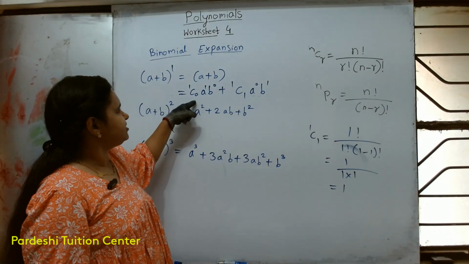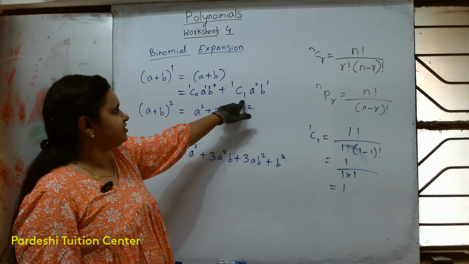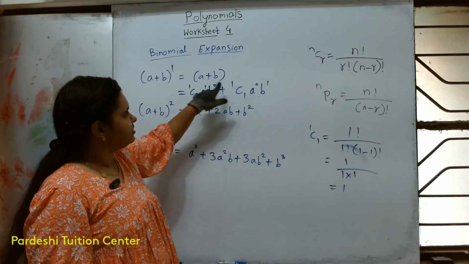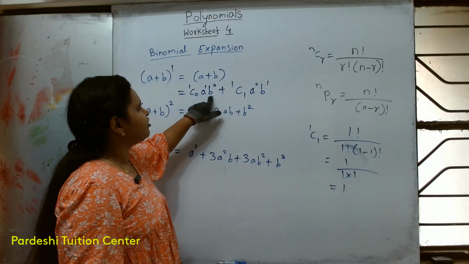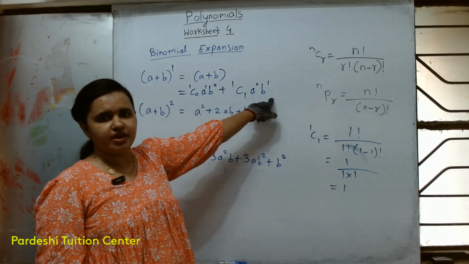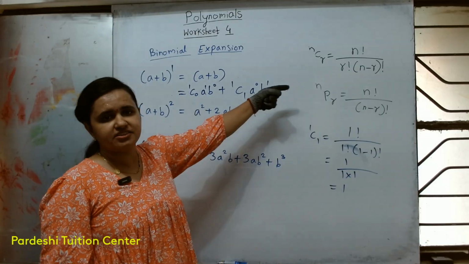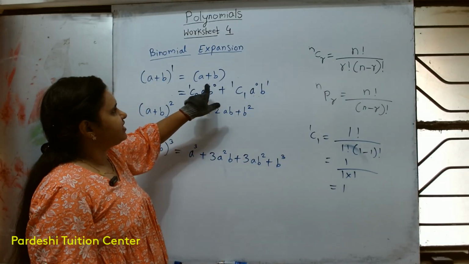Here it is 1c0, here it is 1c1. Now a to the power 1, here a to the power 0. The power of a is reducing and the power of b is increasing. Here b to the power 0, here b to the power 1. So the power of b is increasing from 0, 1, 2, 3, 4, and for a it is decreasing.